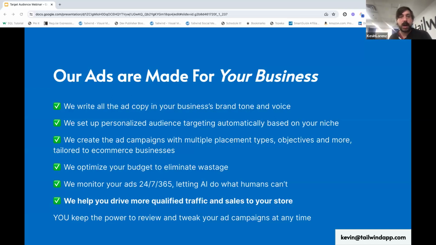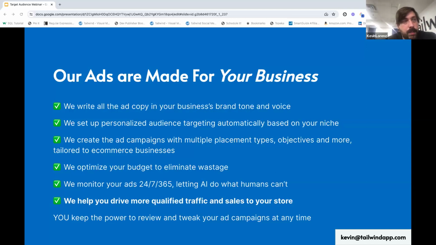And the goal here is driving more qualified traffic to your site, which is one of the number one issues we hear when people first get started with e-commerce, is just getting people to your store and starting to understand what products work. Start trying to understand, right, what type of audience is responsive to these products. And at the end of the day, right, we try to make these ads easy to review, easy to edit, easy to tweak.